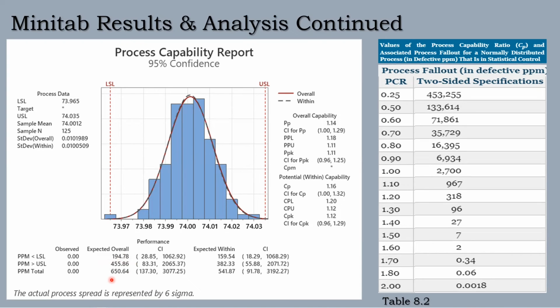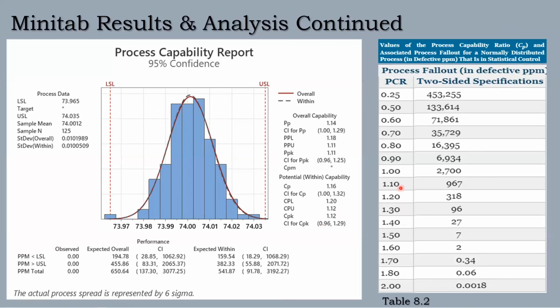Then if we go ahead and look at table 8.2, we can see that our findings of capability for the process of producing piston rings match. We are assuming that the process mean is centered, thus we're looking at Cpk, which is this value of 1.12.